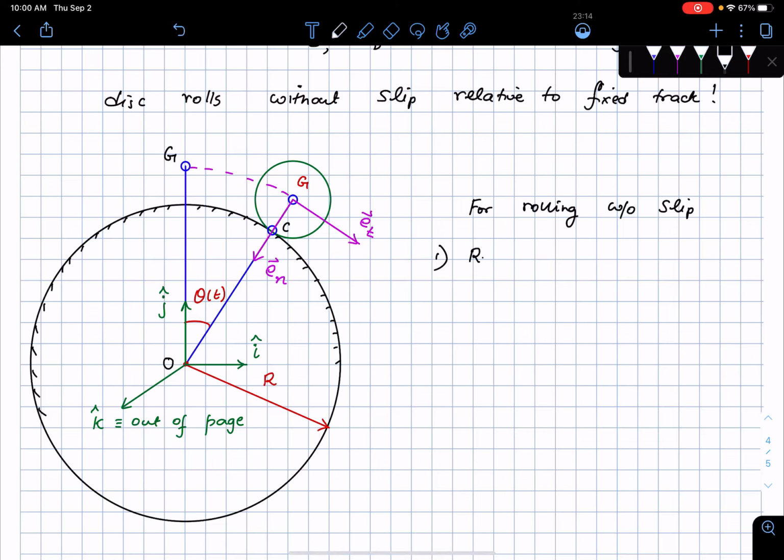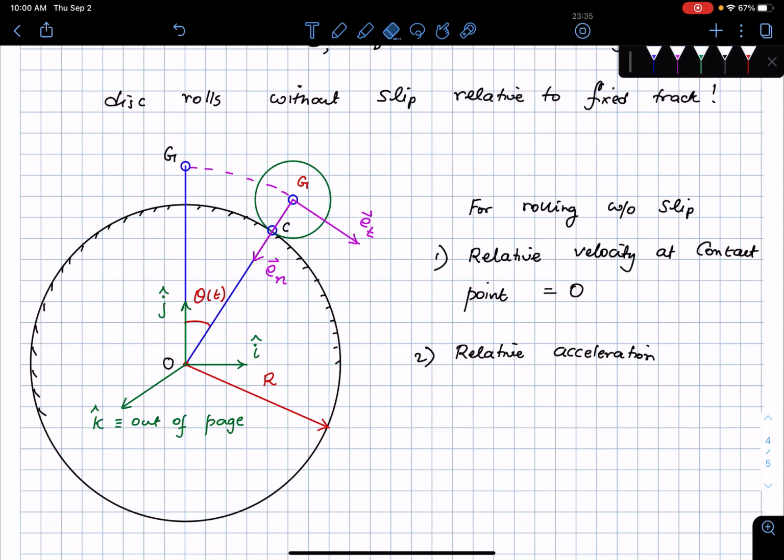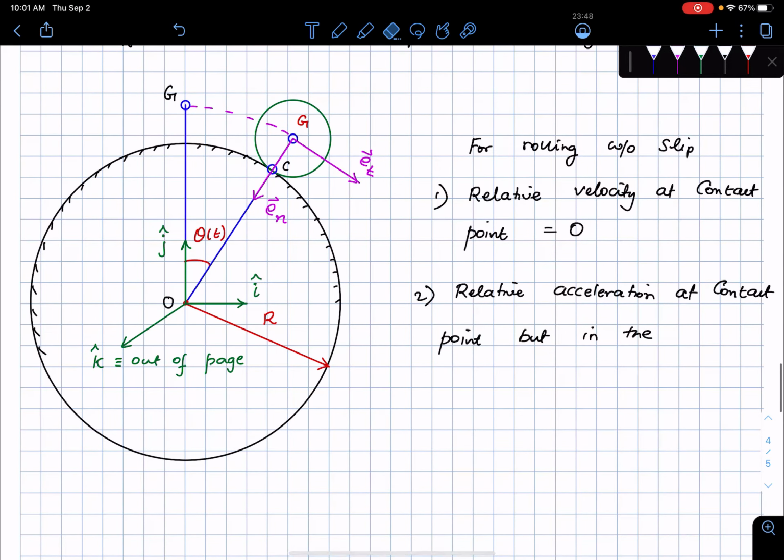Okay, so for a disk rolling without slip, here is the fact. The relative velocity at the contact is 0. And the second thing is the relative acceleration at the contact point, but in the tangential direction only, is equal to 0.